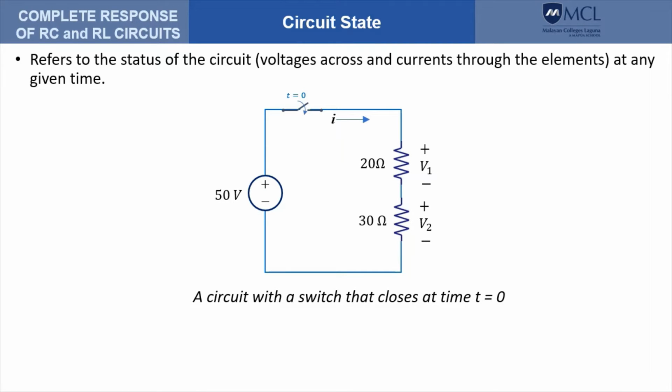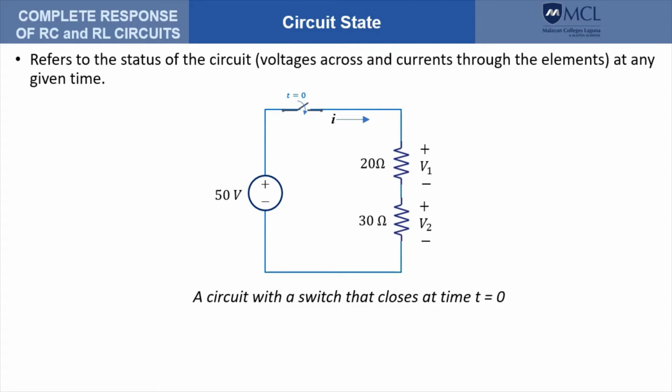The state of a circuit can change depending on what and when changes occur on that circuit. Here we have a simple circuit where a switch closes at t equals 0. Prior to the closure of the switch, the state of the circuit is that the current is 0, and then at t equals 0, we introduce a voltage to the circuit. So at t equals 0, a change happens on the circuit, and that is the application of a 50-volt source to the circuit.